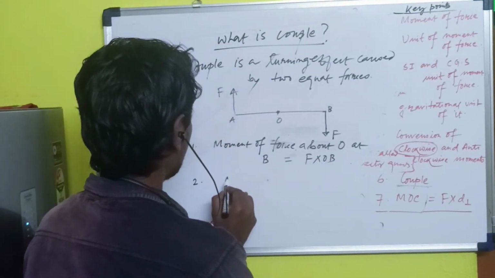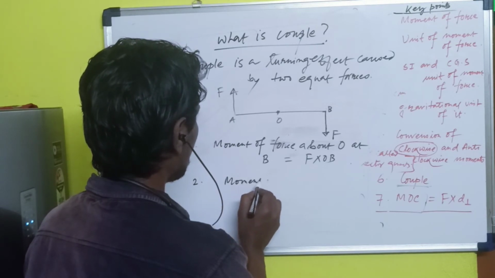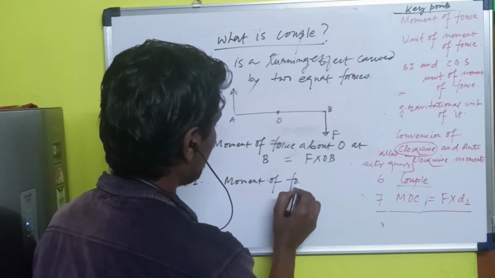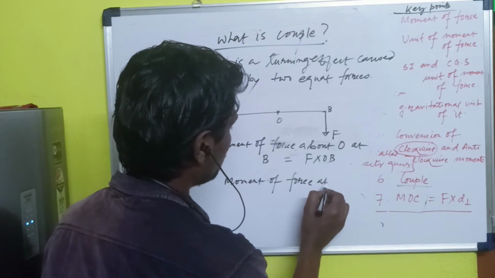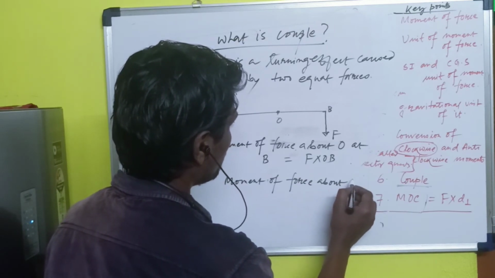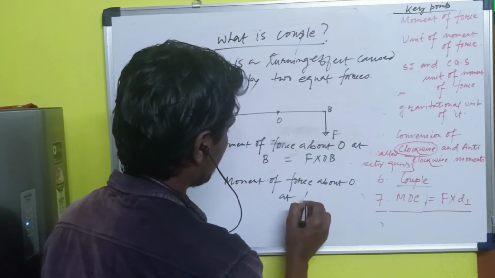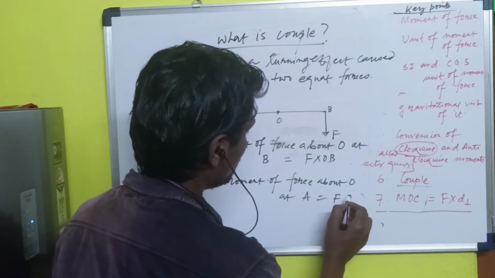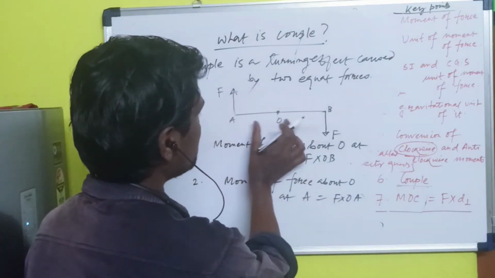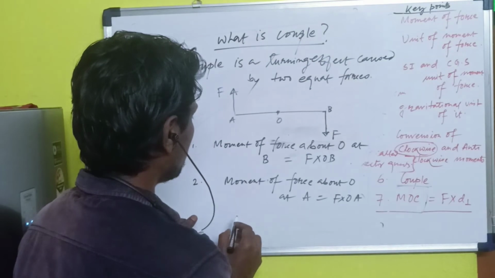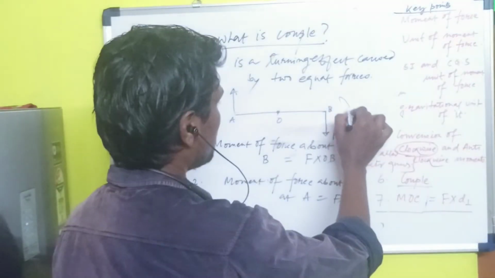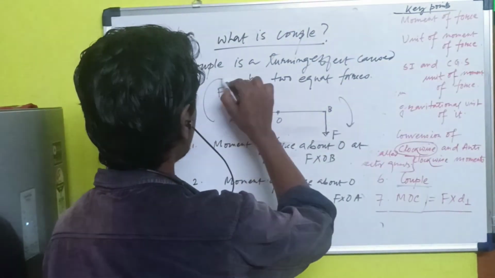Similarly, the moment of force about O at A equals F into OA, force into perpendicular distance. This one is a clockwise moment and this one is also a clockwise moment.